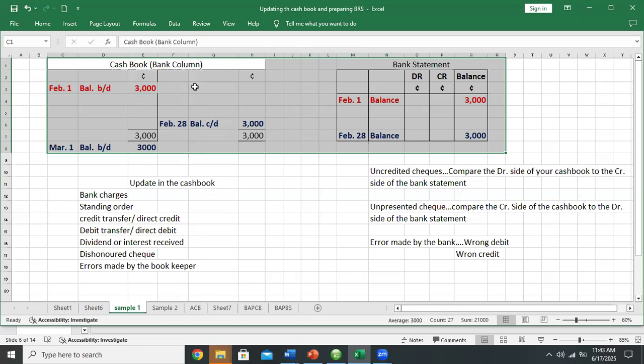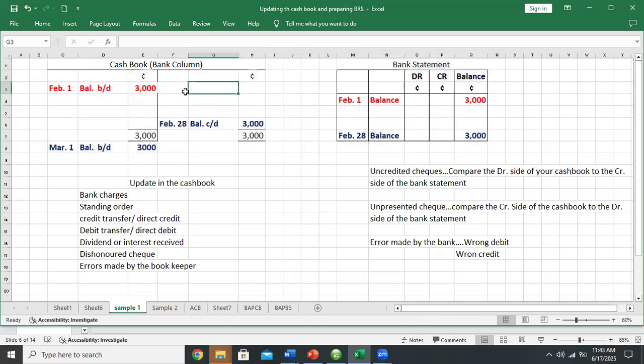We are saying this is a check that you have paid, but the bank has not debited you. So let's say we paid Kofi 500 cedis. So immediately we pay Kofi 500 cedis, our money in the cash book will come to say 2,500. But Kofi has not presented this money here. Okay. Kofi has not presented the money here for it to be deducted. Okay.